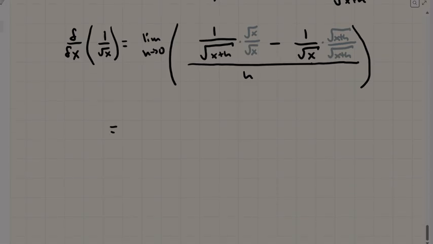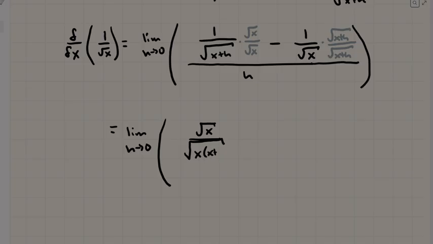All right, so this derivative then is going to equal the limit as h approaches 0. And so this first one is going to be 1 times the square root of x over the square root of x times the square root of x plus h. Because they're multiplied, they can go under the same square root.